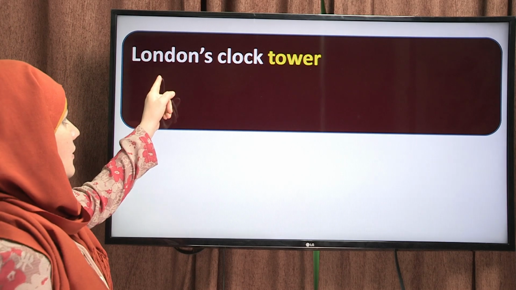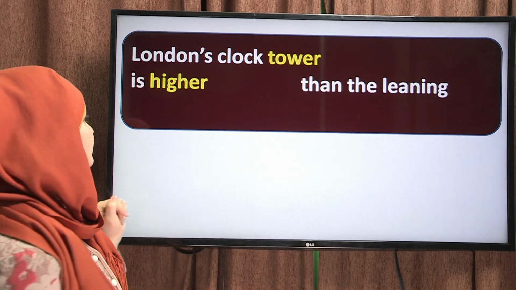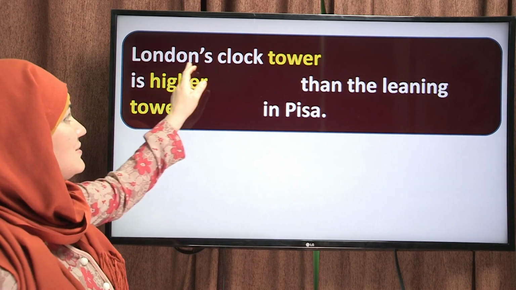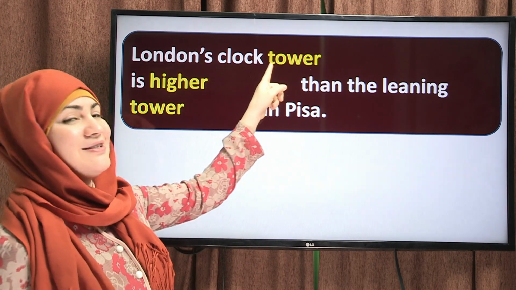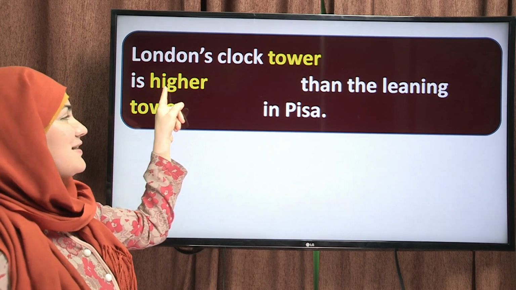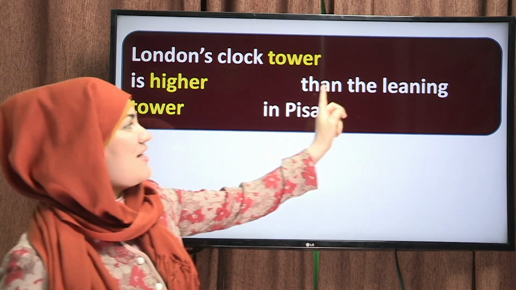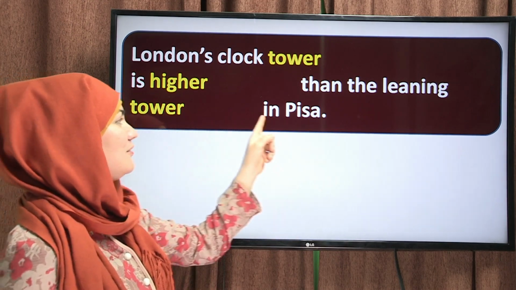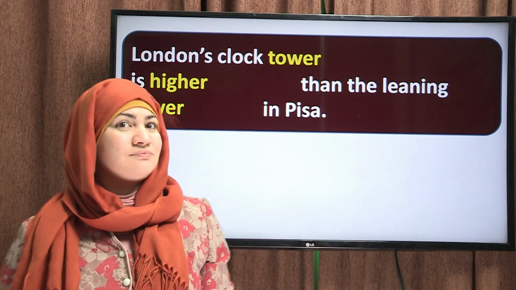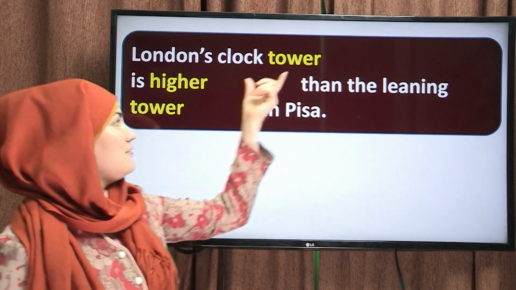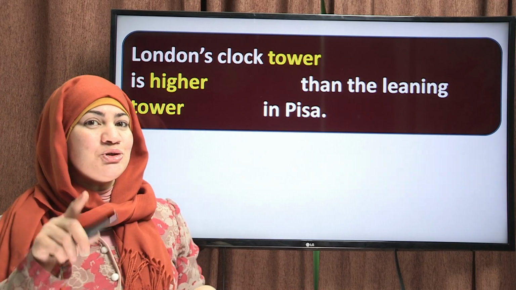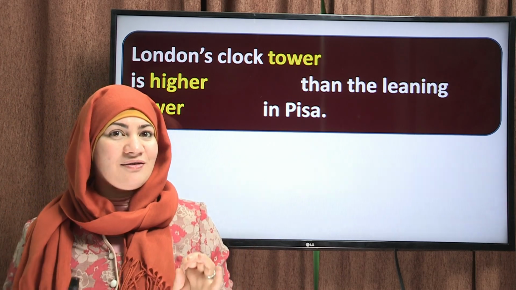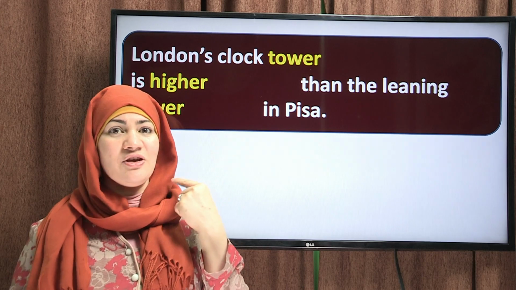Sentence 1. London's clock tower is higher than the Leaning Tower in Pisa. We have gaps here. You choose the right triphthongs according to the pronunciation of each word.